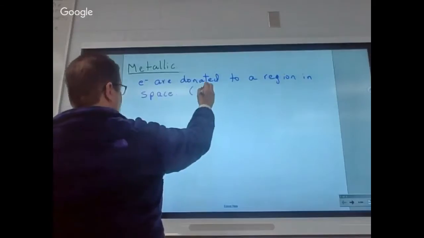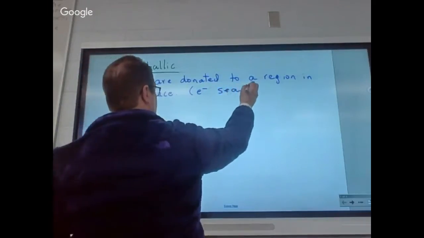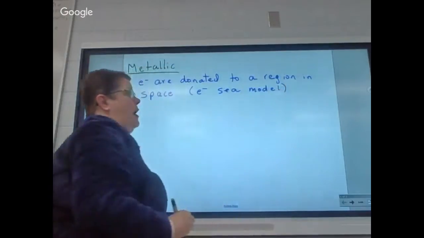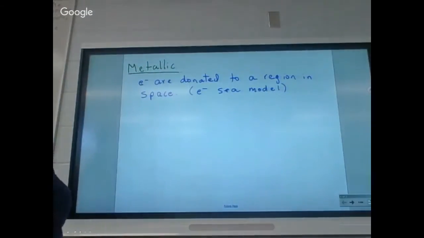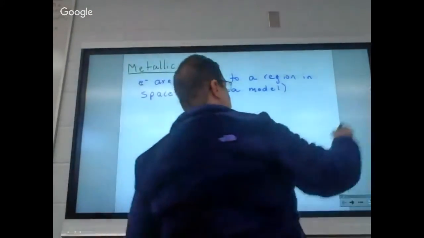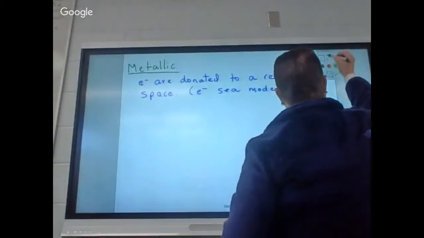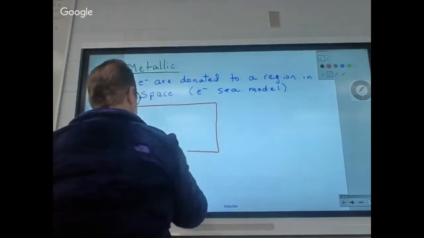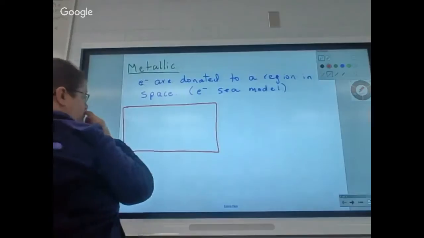It's called the electron sea model. When I had you write that definition down, most of you probably thought that doesn't make any sense. It certainly doesn't make a whole lot of sense to me either when I learned it back in high school. So, I'm a visual person. Always have been. So I draw ugly pictures. So here's a cross section of a metal.